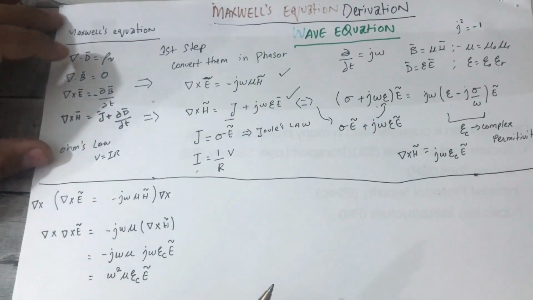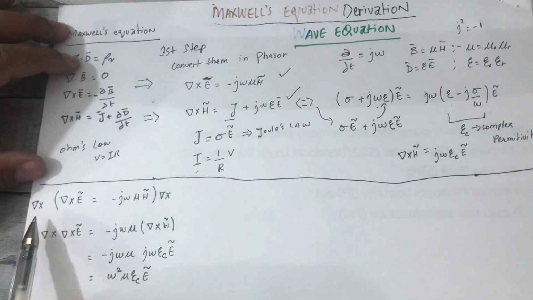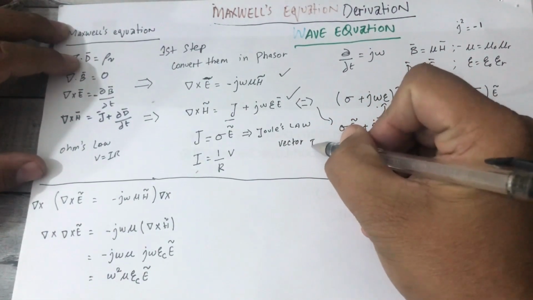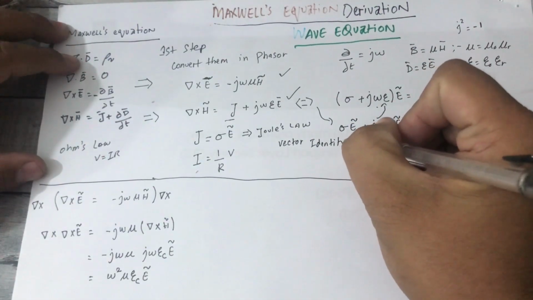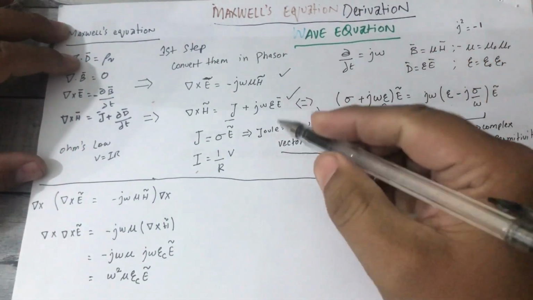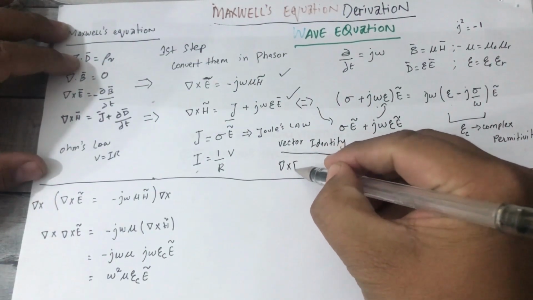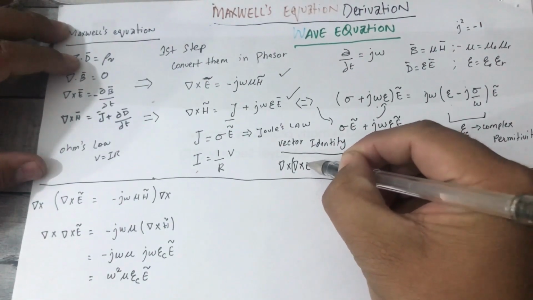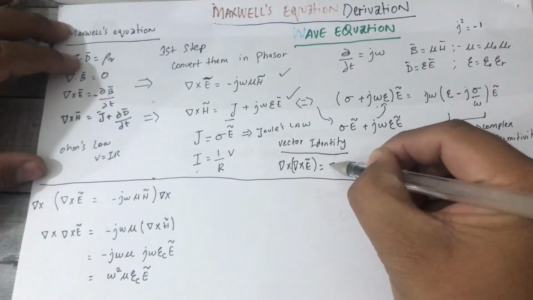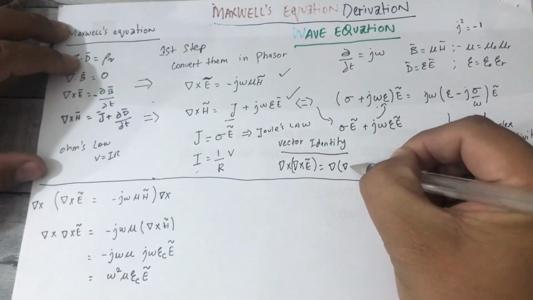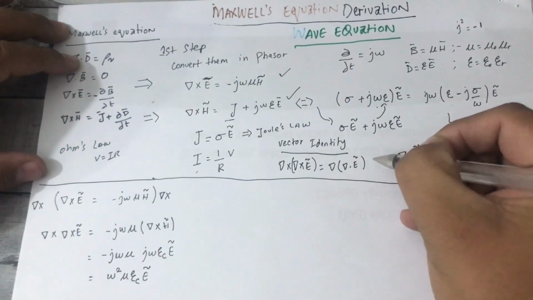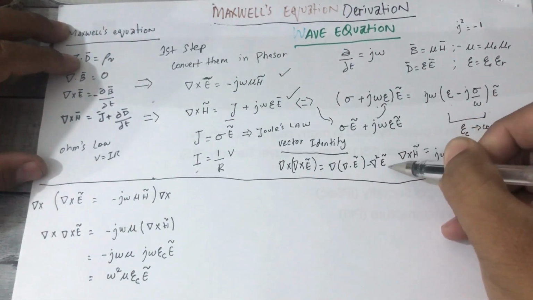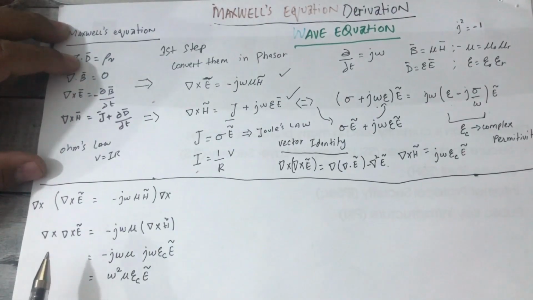All right. Now the next step is this. I know something else. There's also a vector identity that I'm going to use here, which says that if you have a vector and you're taking the curl of the curl of that vector, you can replace that with del times del dot E minus del squared E. This is that vector identity that I'm going to use on the left hand side.